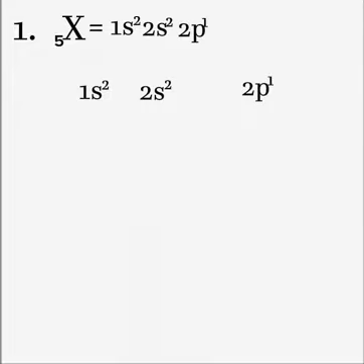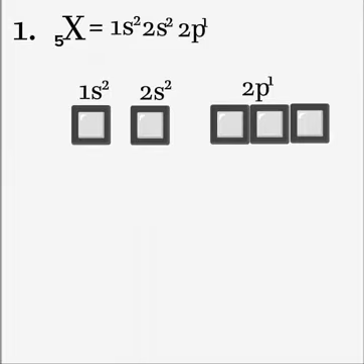So for the first orbital 1s superscript 2 we draw a box. Recall that we said that the s orbital is like a 1-bedroom in which only 2 electrons can sleep. So this box is the 1 room, and we assign the 2 electrons in 1s superscript 2 to sleep there. Next is the 2s superscript 2. We do the same thing we did for 1s superscript 2 since they're under the s orbital and carrying the same number of electrons.